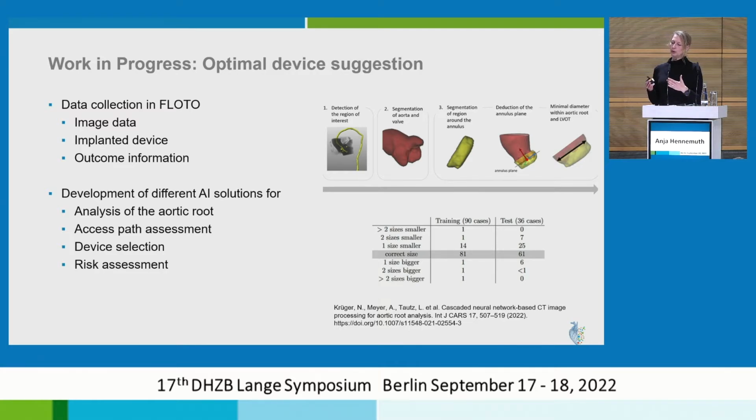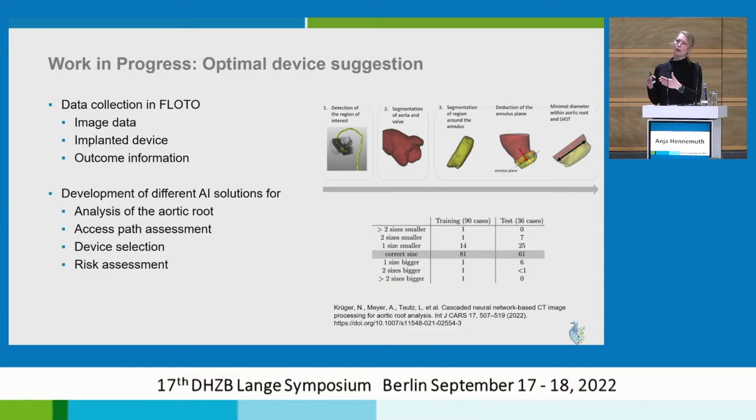We want to support the optimal device suggestion. And what we collect in FLOTO, so every hospital provides to the server anonymized image data, information about the implanted device for that case, and certain outcome information. And then what we're working with here is, on the one hand, first, as I showed, the analysis of the aortic root, so that we can reduce the analysis for the optimal fitting to the place where the device is delivered.